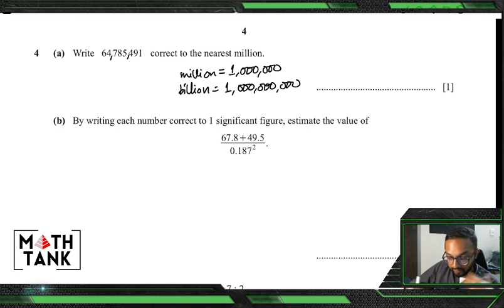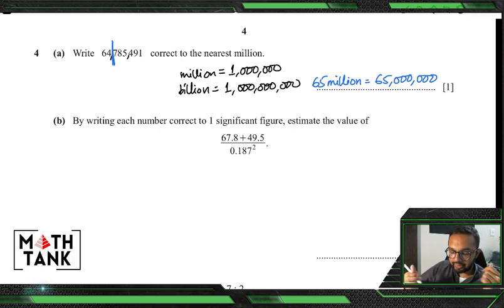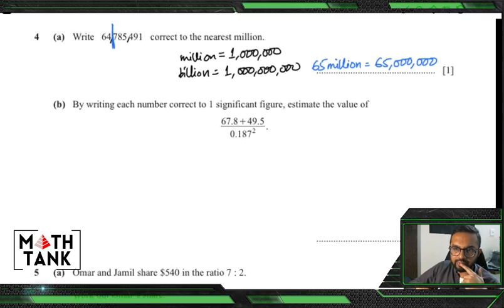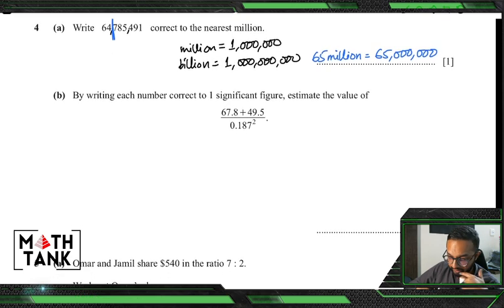So that's 64.7. If I round that off to the nearest million, it becomes what? It becomes 65 million. More specifically, if I want to write it, it becomes 65 and then zeros after this. So what I'm basically doing is rounding off after this line. So I'm rounding off 7 and getting 1 added to 4. So that becomes 65. That's how you round off. Well, hopefully you know that already. If you don't, you should go back and rehearse your concepts.